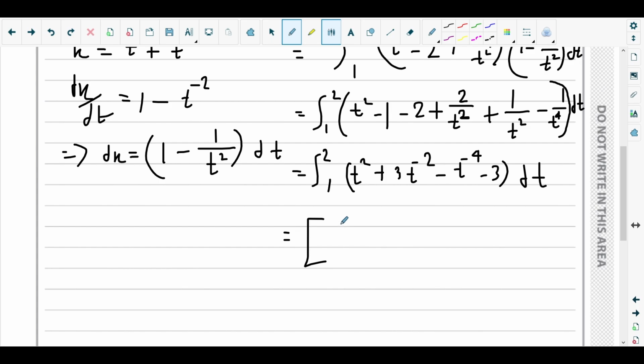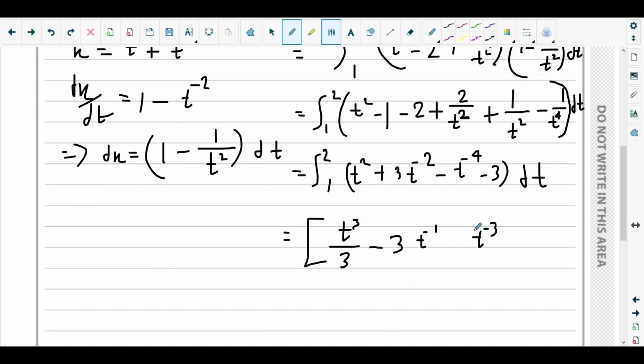definite integral. So you'll get t cubed over 3 and then minus. Why is it minus? Because t inverse 2, minus 2 plus 1, that is negative 1. So 3 over negative 1, that is negative 3, and you will get here t inverse 3.